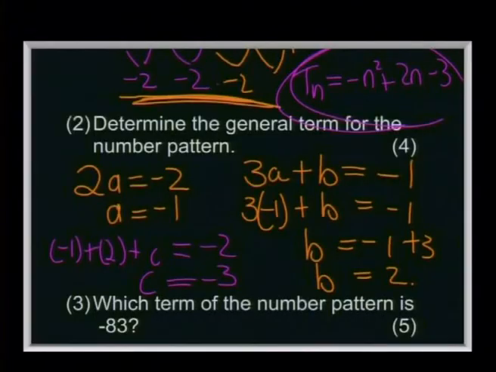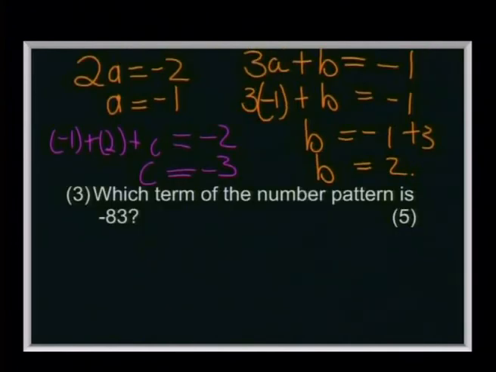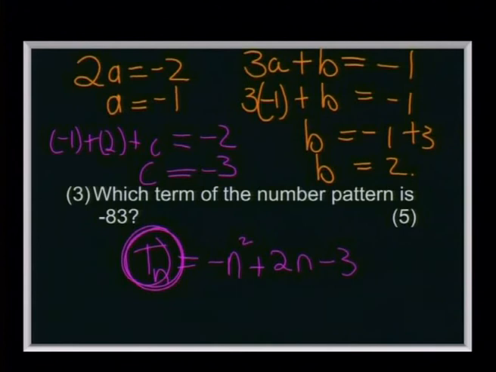Right, so we're going to write down quickly our general formula, which was minus n squared plus 2n minus 3. And I want to know which term, Tn, is minus 83. So the minus 83 goes into the place of the Tn.